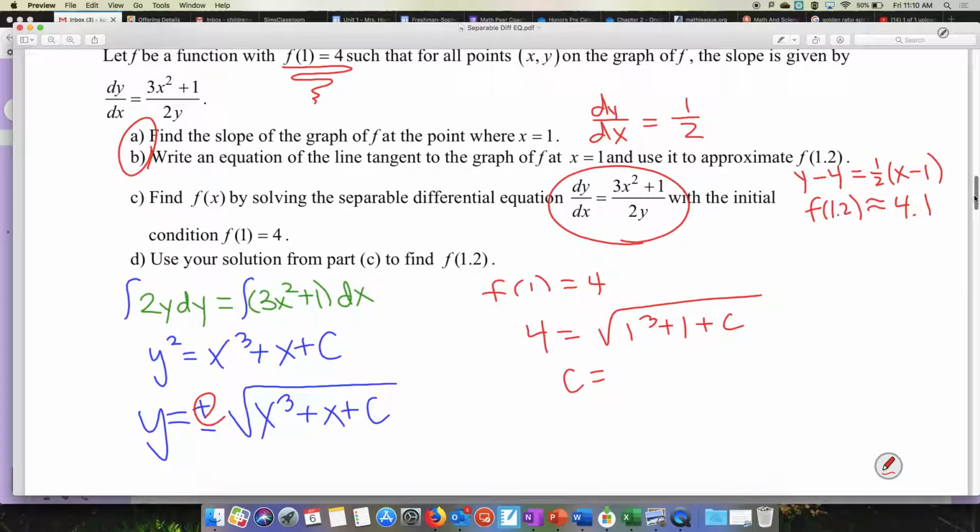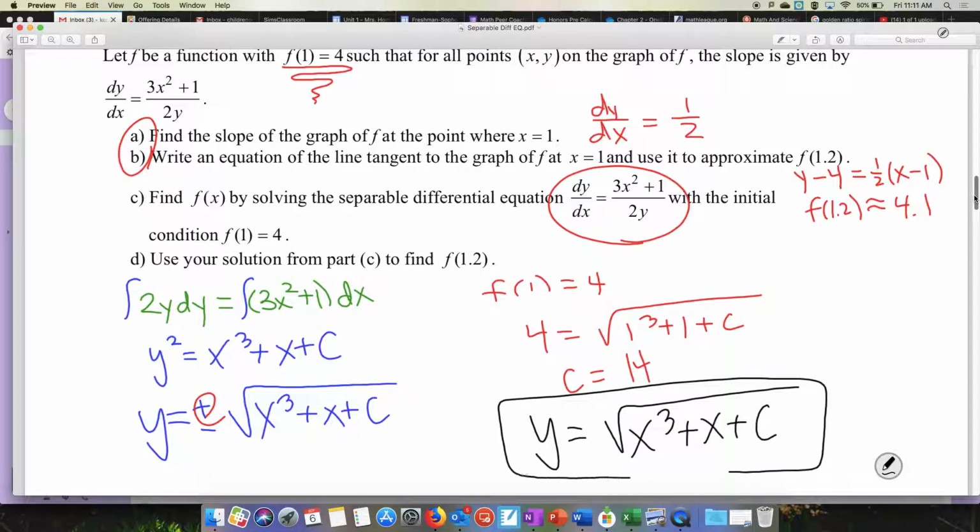Wait, how do we know the y is positive? Because 4 is positive. Oh, right. Yep. Okay. I was just making sure that's where we had to look. I got a question. I got the right answer for C, but what I did instead was I just plugged it in up here instead of simplifying, like doing the square root.